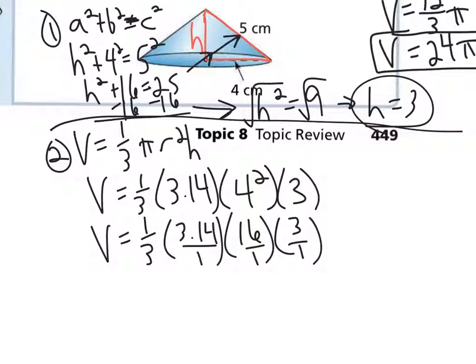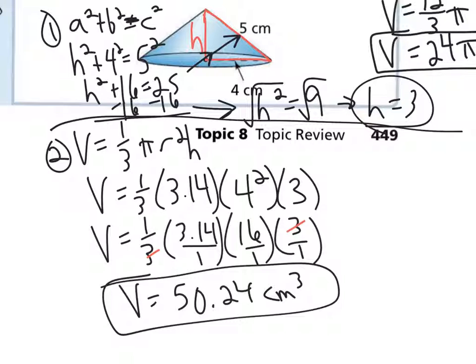We can put all these over 1. If you're multiplying all this together, you can actually cancel those 3's out if you want. Numerator and denominator, since we're multiplying, those are like factors that can be reduced. Anyway, you work this all the way out and you should get 50.24 cubic centimeters. And again, you can multiply just straight across and then divide that out. You should get the same answer.